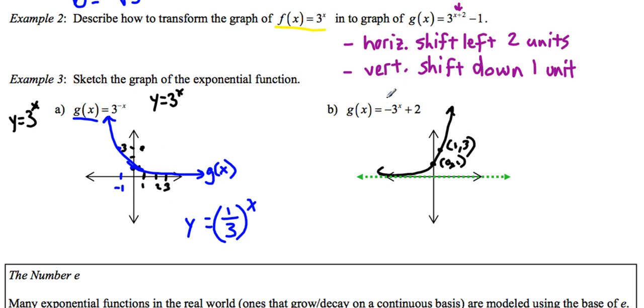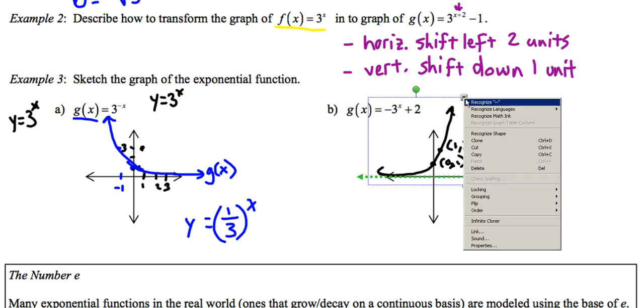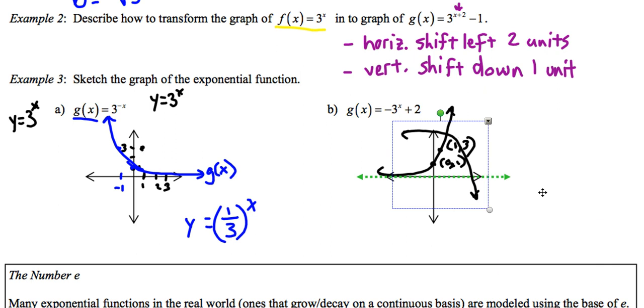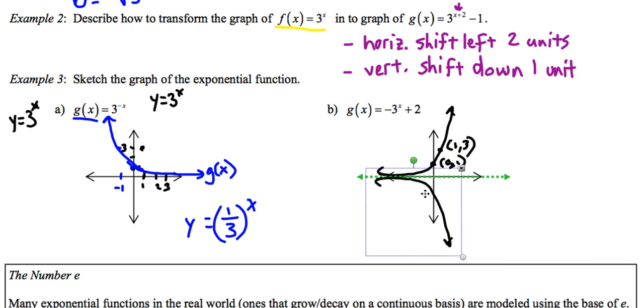So this negative here, if we go through our transformations from left to right, this negative is going to reflect us over the x-axis. So again, I might cheat a little bit. Take this and literally reflect it over our x-axis, and then we want to shift it up 2.